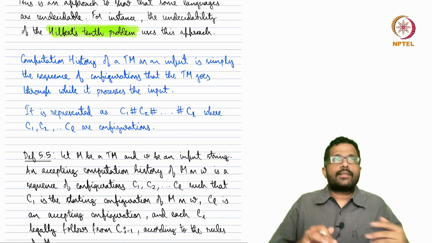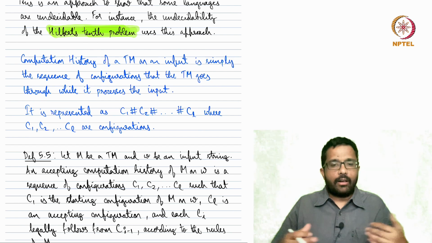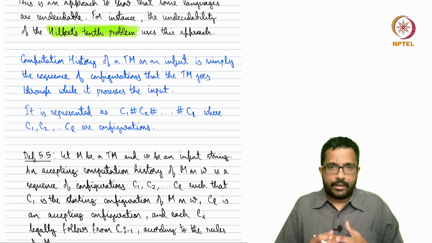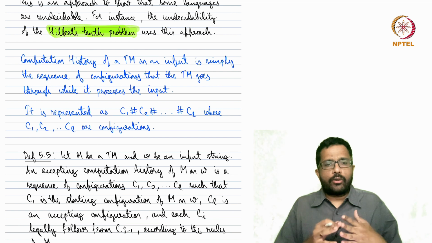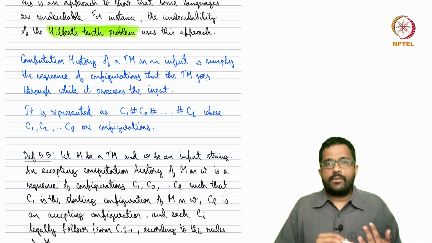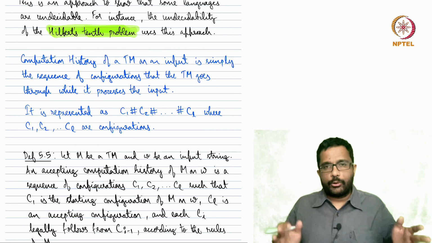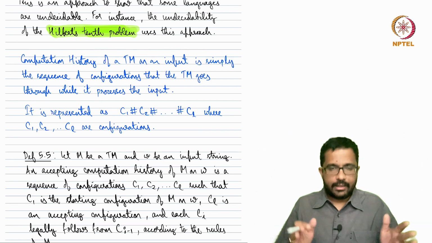Computation history is just like a history of computing a certain string by a certain TM. As we already know, a configuration consists of the tape content, head position and the state of the Turing machine at a certain point of time.